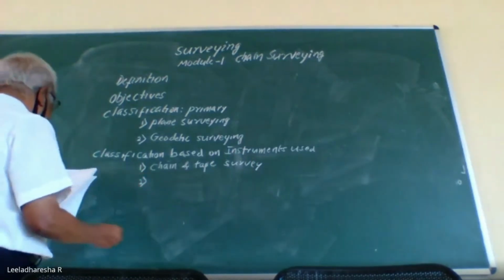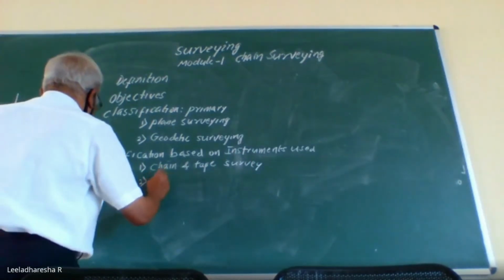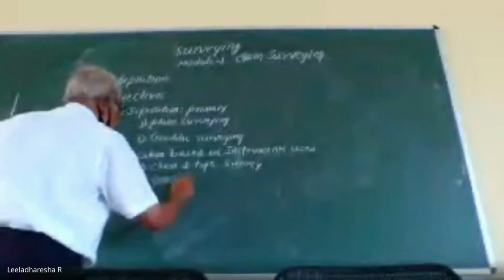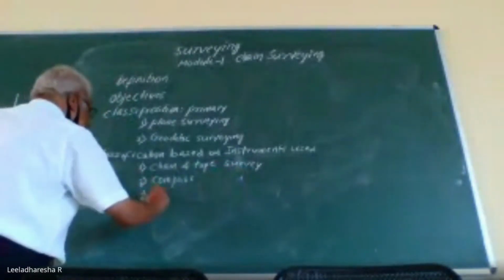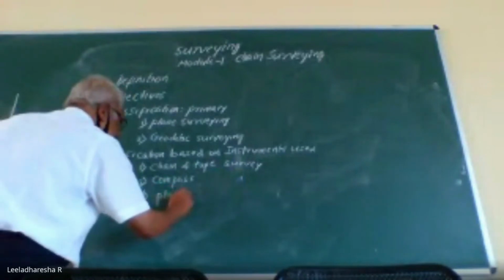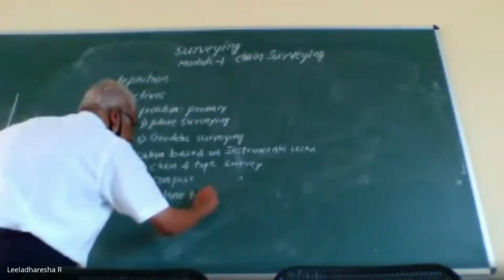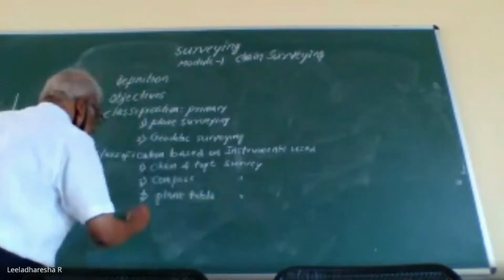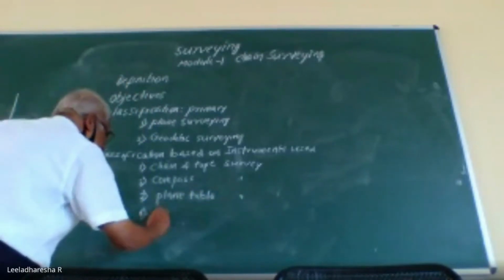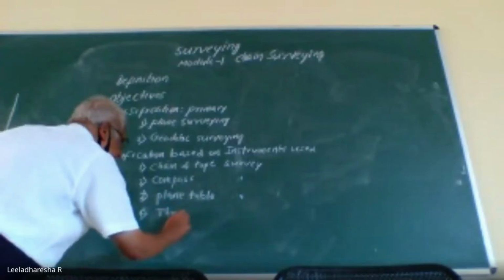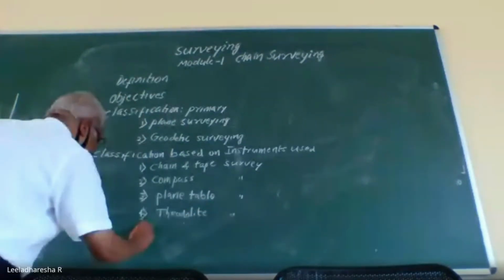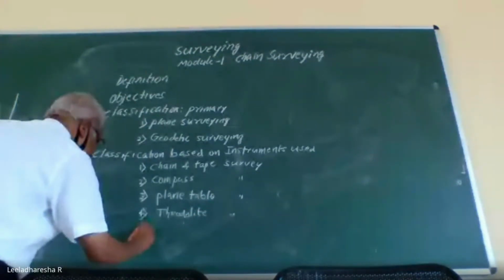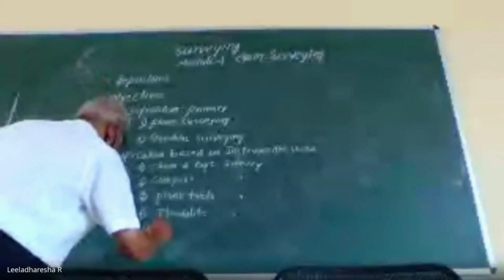Second is called compass survey. Third is called plane table survey. Fourth is called theodolite survey. Fifth is called total station survey.